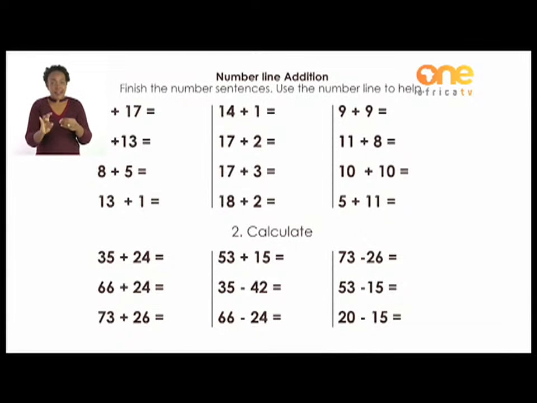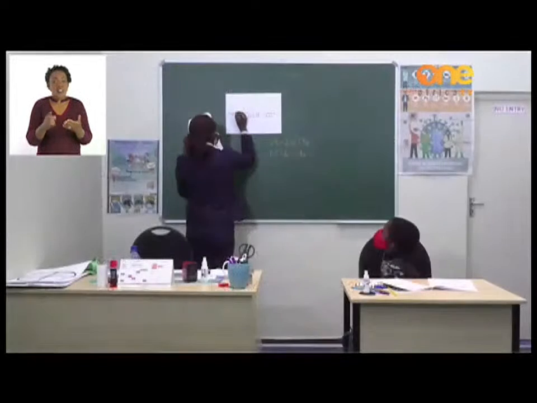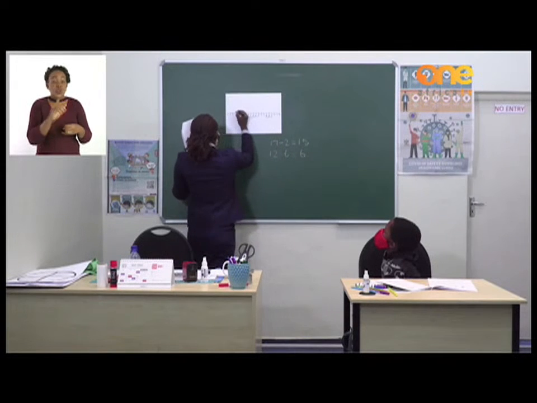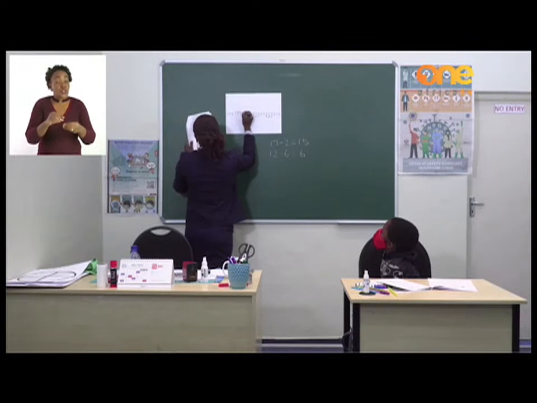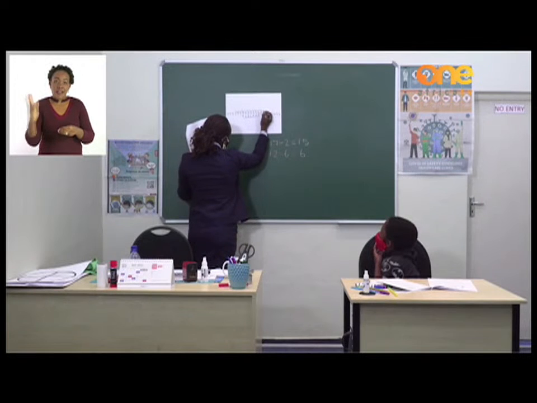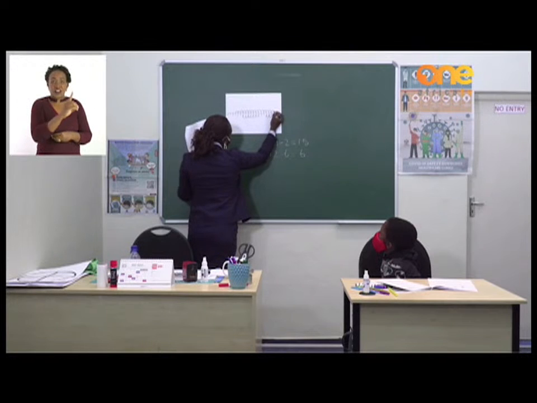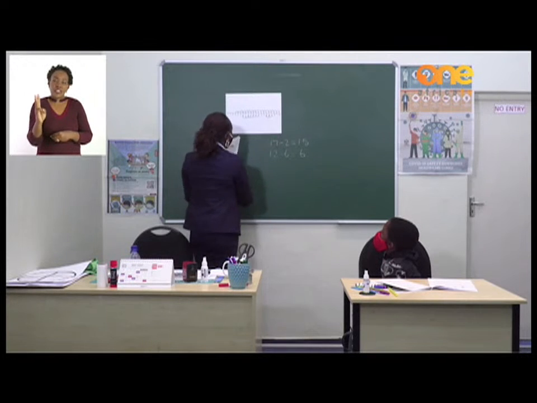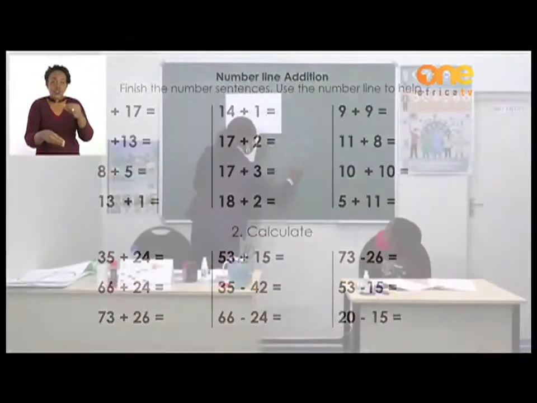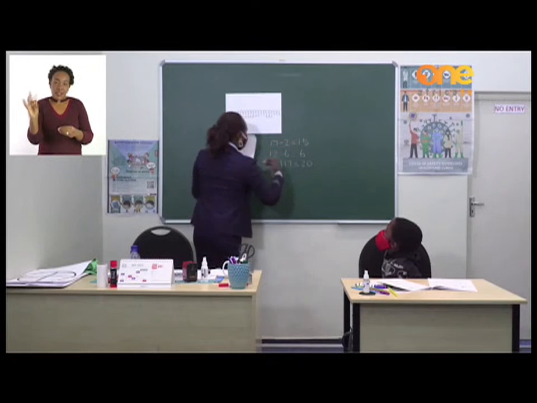So we go to 3, plus, we are adding, we are going forward. 1, 2, 3, 4, 5, 6, 7, 8, 9, 10, 11, 12, 13, 14, 15, 16, 17. So 3 plus 17 equals 20.